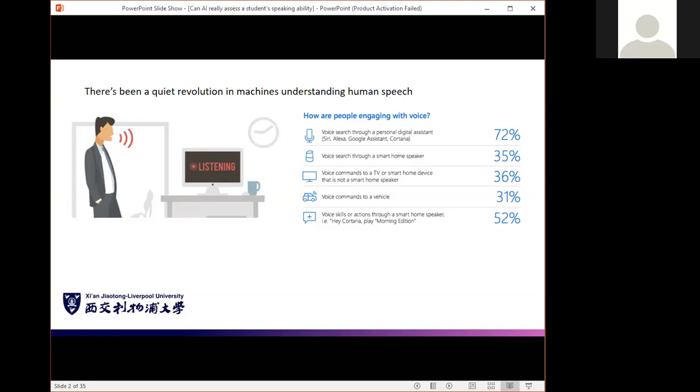Then searching for music through a smart home speaker. Voice commands to the TV, which I never realized was possible. Then voice commands to a vehicle, which I have experienced. And the last one is voice skills or actions through a smart home speaker, which I don't actually know what that one means. Are there any others that we could add to this list?